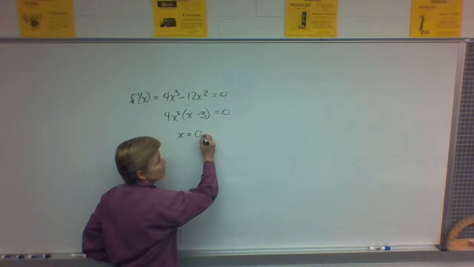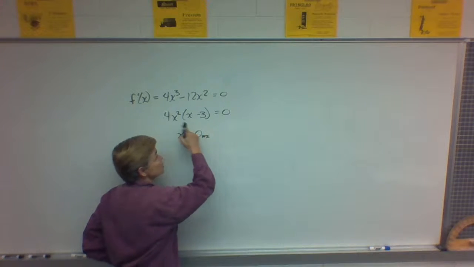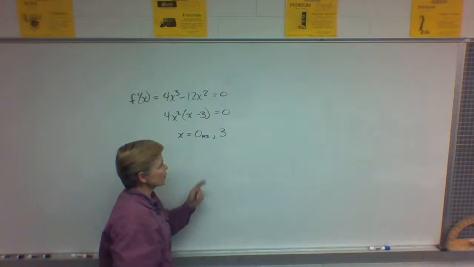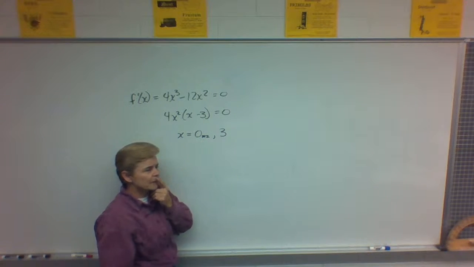This is very important. 0 has multiplicity 2, it shows up twice, and 3. Now, do you remember the behavior of a graph when the multiplicity is even? It touches and bounces off the x-axis at 0. What does that mean in the context of this problem?